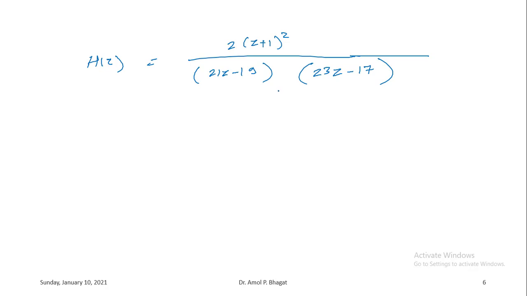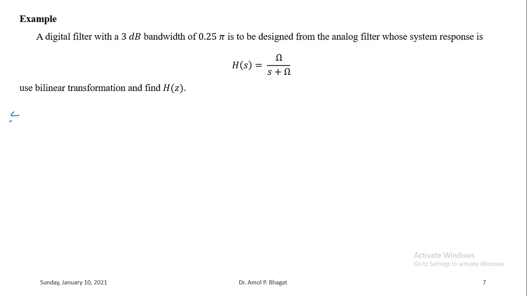Next example. In this example you have to identify H(z) by applying bilinear transformation to the given system function. Here the bandwidth 0.25 pi has been given, so I will directly write down the solution. I can use Omega equals 2 by T tan(omega_c by 2), and the value of omega is given as 0.25 pi.